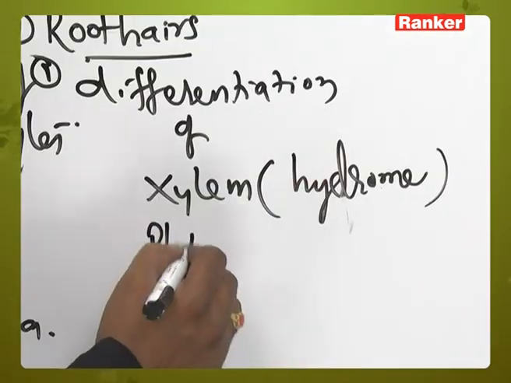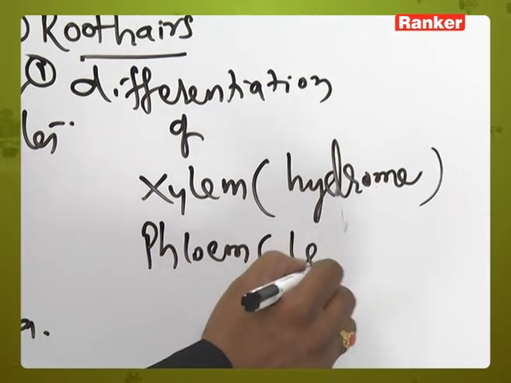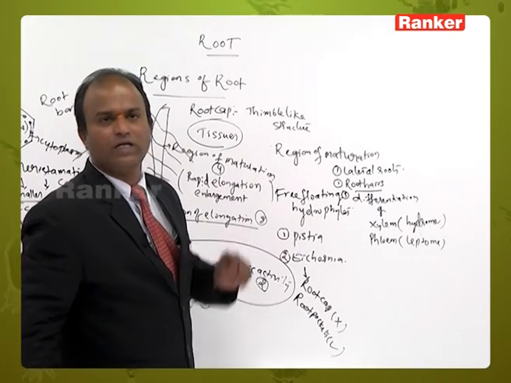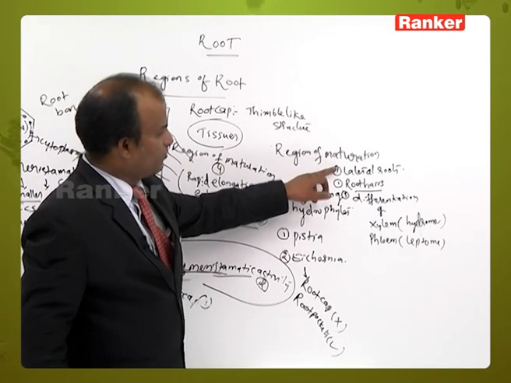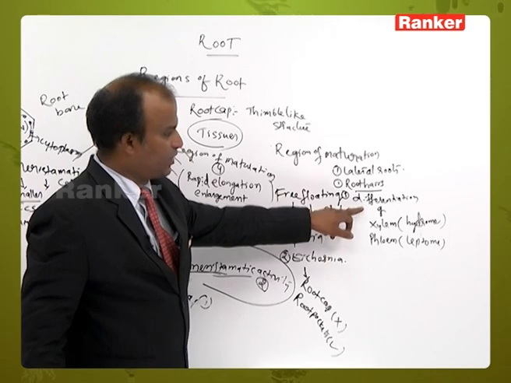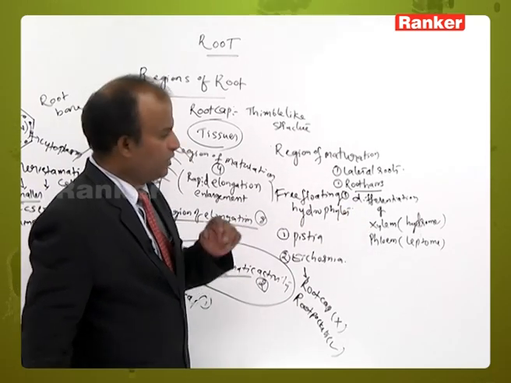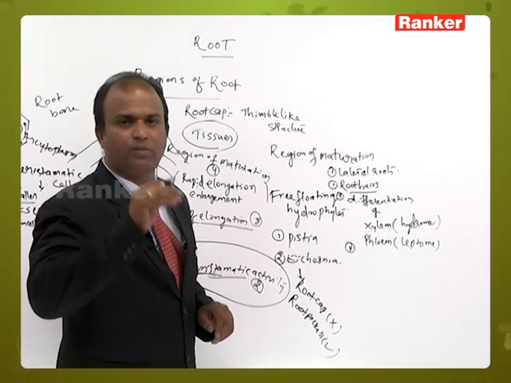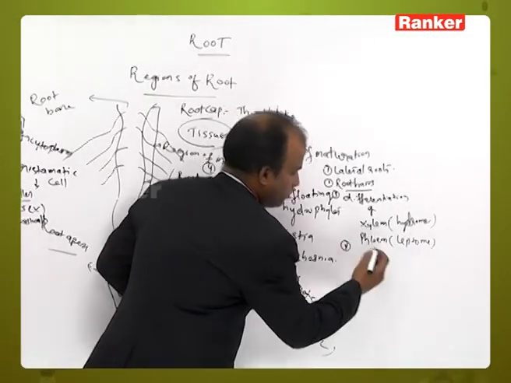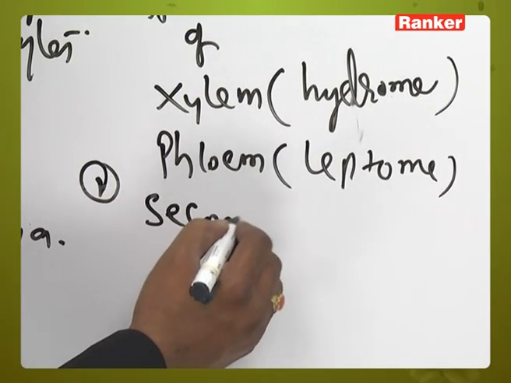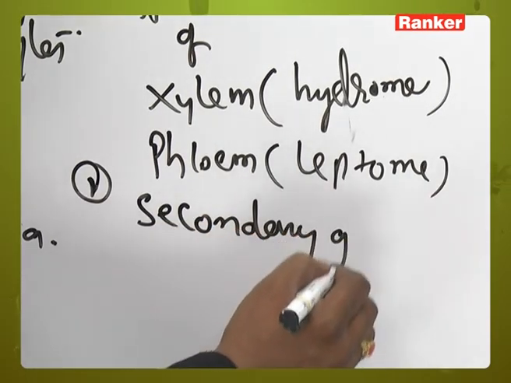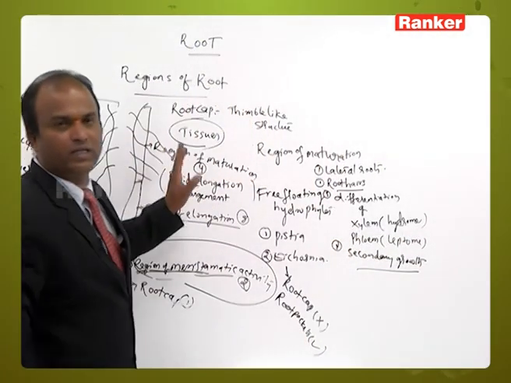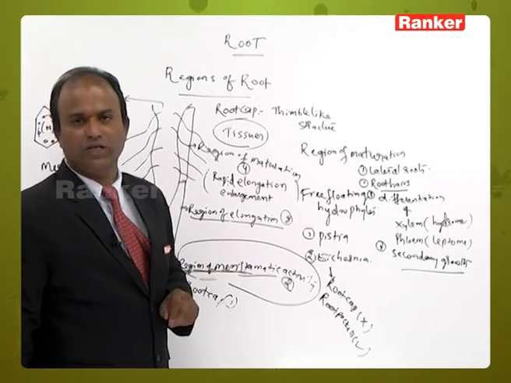Differentiation of phloem, which is nothing but leptome, also occurs in the region of maturation. Apart from lateral roots, root hairs, and differentiation of xylem and phloem, secondary growth is also occurring in the region of maturation.